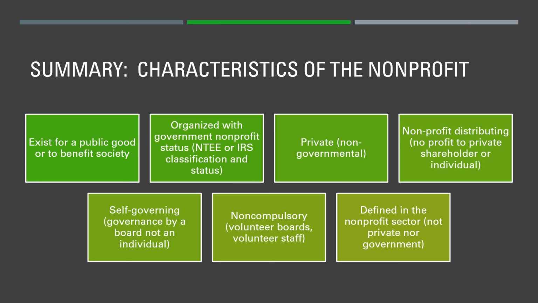Your nonprofit is distributing goods and services as stated in your vision and mission. And make sure your stakeholders are not getting paid. You cannot provide payment to stakeholders of a nonprofit. They should be volunteers. That's one of the requirements.